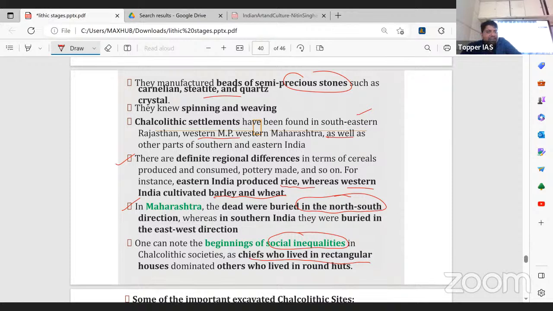Chiefs lived in rectangular houses and other normal people lived in circular huts.